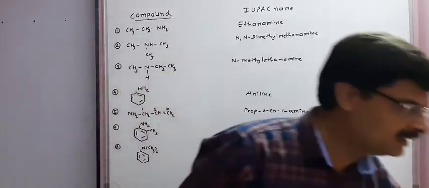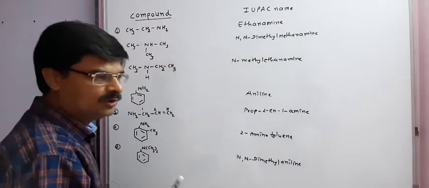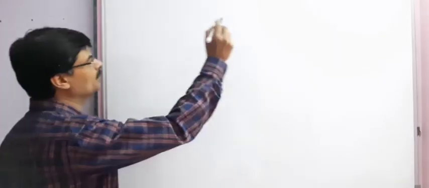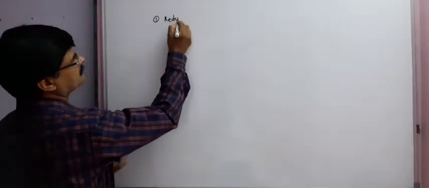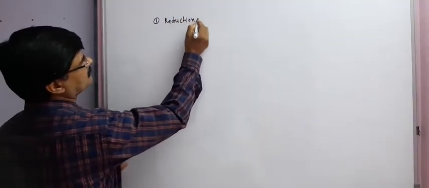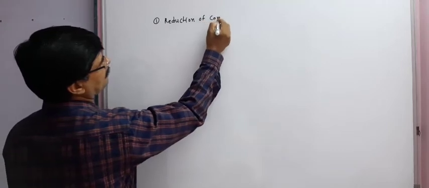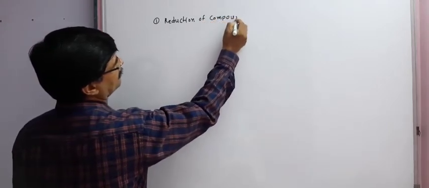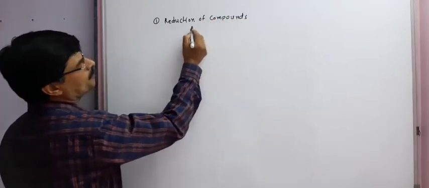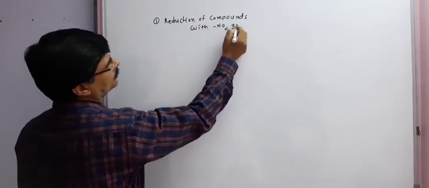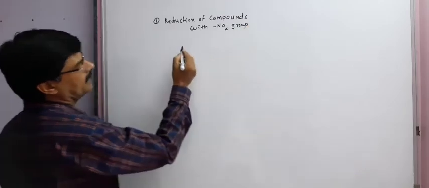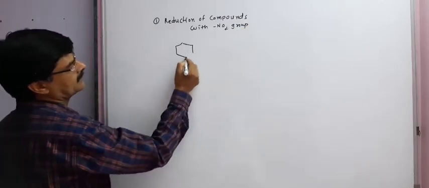Now we will study methods of preparation of amines. First method, reduction of nitro compounds, that is compounds with the NO2 group. Take the example of nitrobenzene.